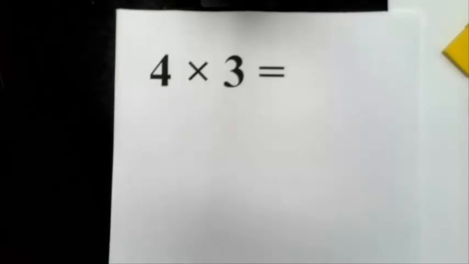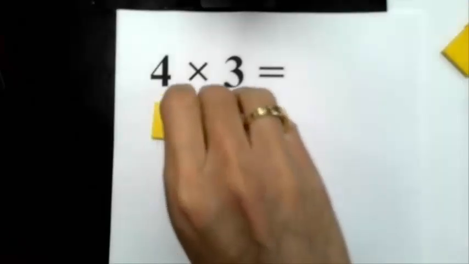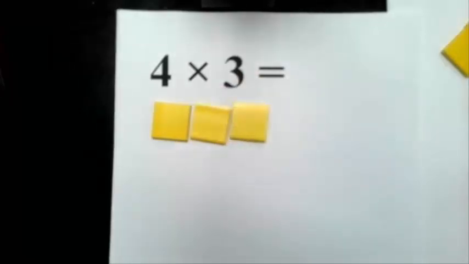Let's look at some multiplication now. I have 4 times 3. This means I have 4 groups of size 3. This is a positive 3, and so I will use the yellow counters.